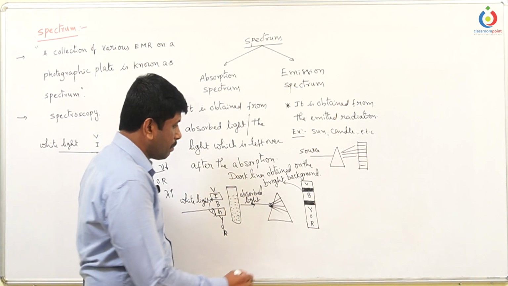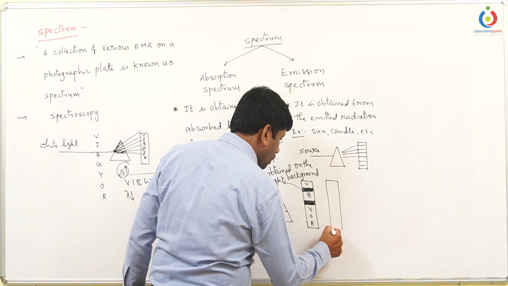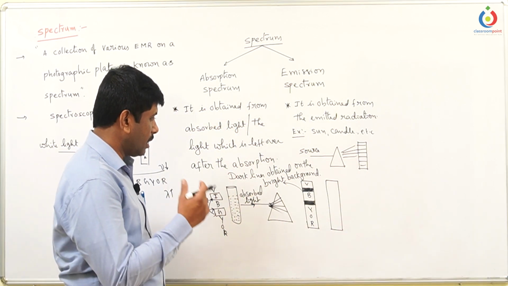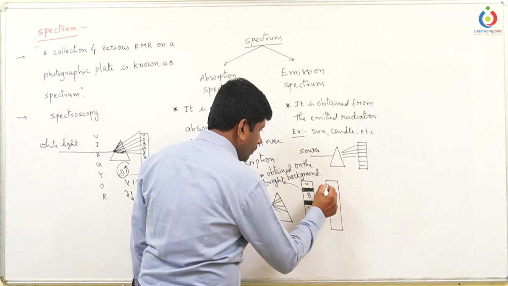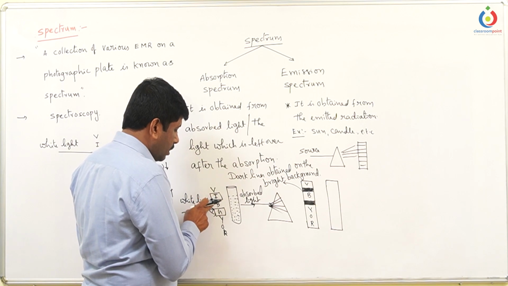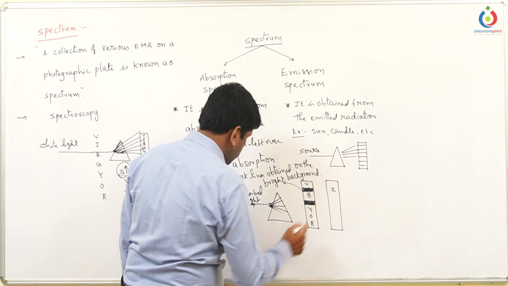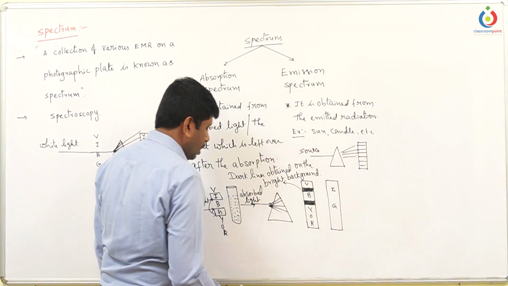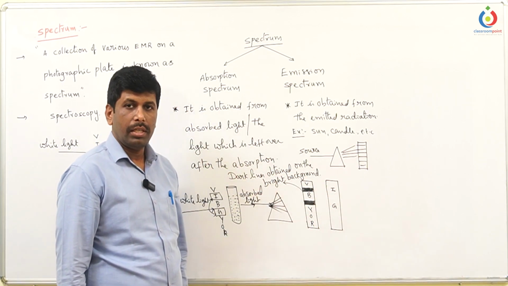When that energy is passed through the prism, again we get the lights. That means both these colors can be collected on the photographic plate. We don't get the violet. Why? Because violet color is not present. But which colors are present? Indigo is present, indigo color is obtained. Again, green color is obtained. Remaining colors we don't get now.